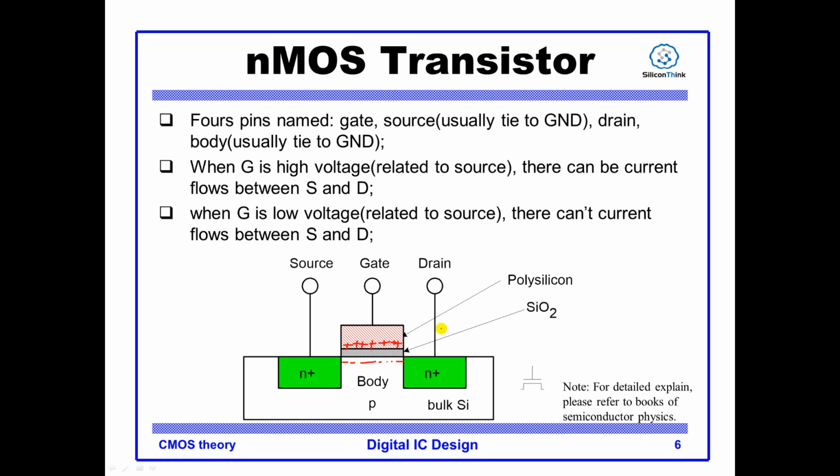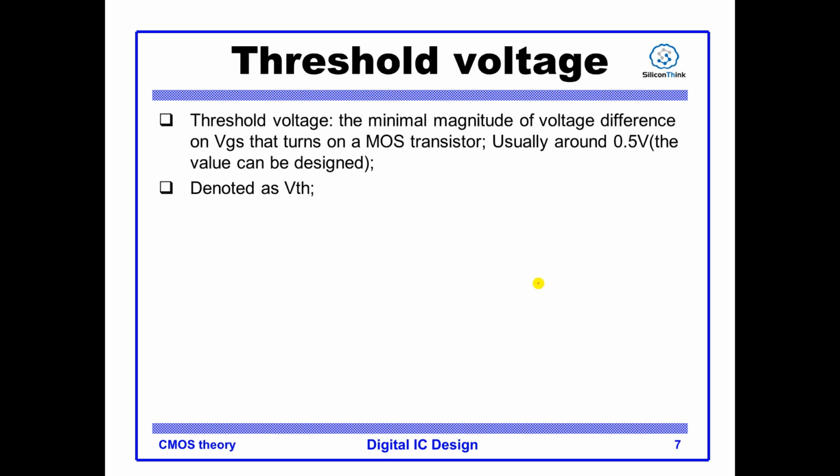Yes, you are right. The voltage difference between gate and source must be higher than a threshold value. We call this threshold voltage, and this value is usually around 0.5 volt and denoted as VTH. This is the minimal voltage difference to turn on the NMOS.